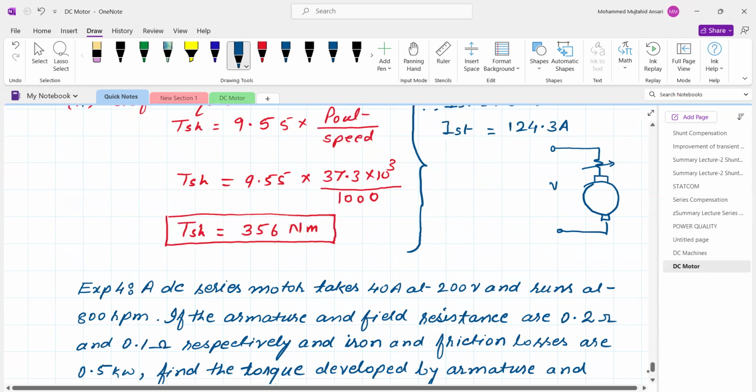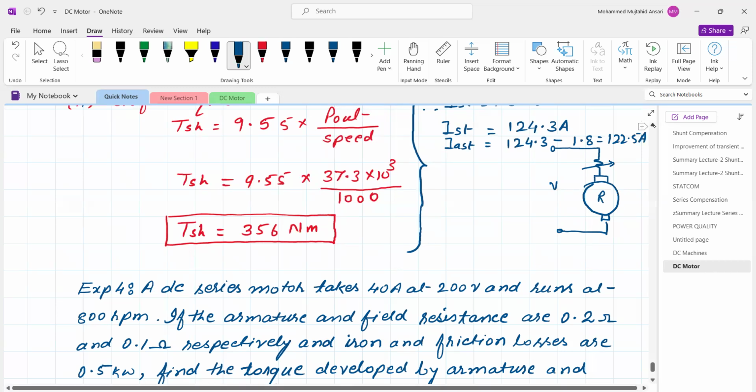Okay. So we can write the KVL for this much part of the circuit. The armature starting current IA will be 124.3 minus 1.8 ampere, which is equal to 122.5 ampere. Are you getting me?